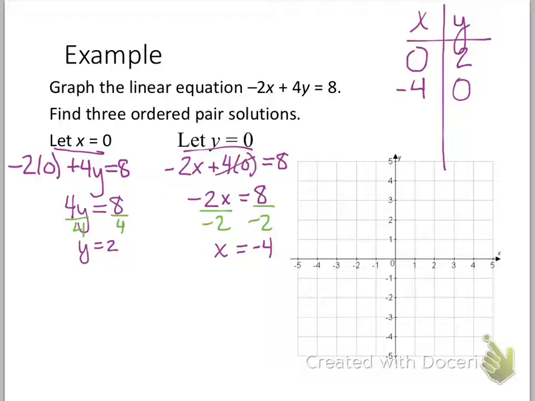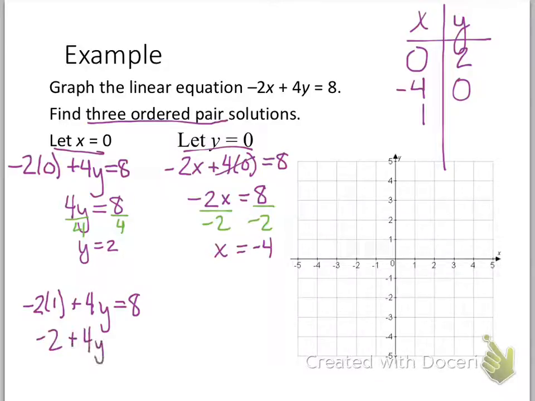Now, remember I have to find three ordered pair solutions, so I need one more. You can do whatever you want. The number 1 sounds fun to me. I'm going to try x is 1. So that's negative 2 times 1 plus 4y equals 8. That gives me negative 2 plus 4y equals 8.